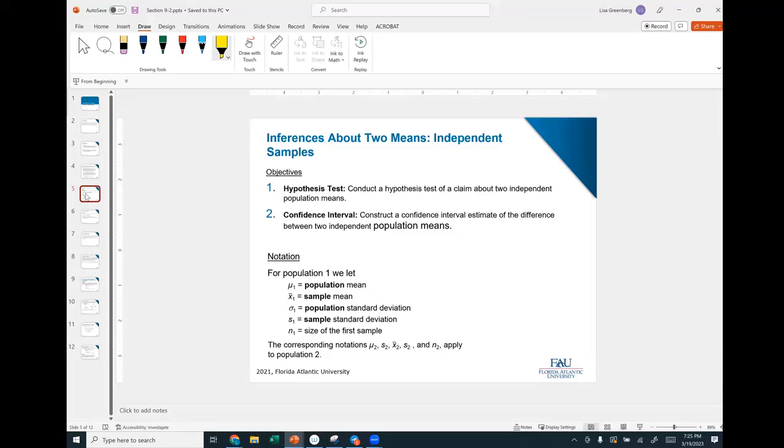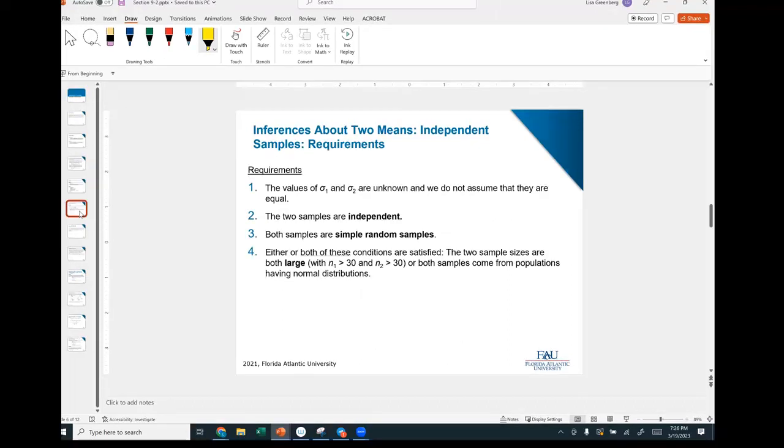So mu1, mean for sample 1. X1 bar is the sample mean. Sigma 1 is standard deviation for the population of the first sample. This is all exactly like we said before. And then we'll have a second sample, a second population, and we have the same notation, only sub 2 instead of sub 1.